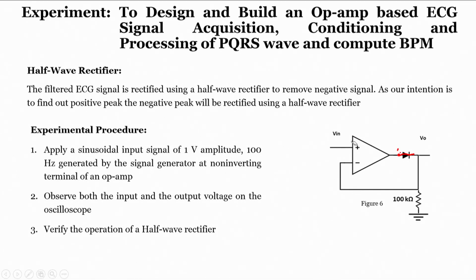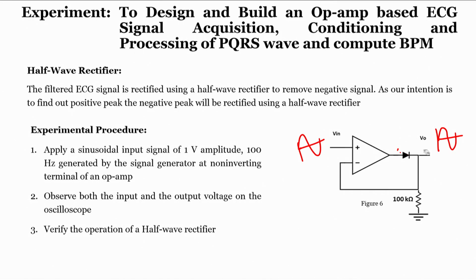It is nothing but our voltage follower. How does a voltage follower work? Whatever input you give, the output will also be the same. The gain of the voltage follower is 1. So, whatever the input amplitude, the output will have the same amplitude without any phase shift, because the input is applied at the positive terminal.